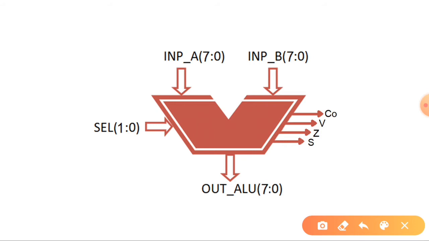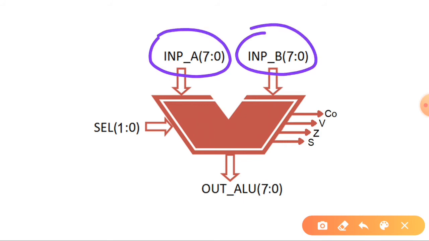As we have told already, it has two inputs, input A, input B, and as it is an 8-bit ALU, both input A and input B are of 8 bits. If we mention the size using the language VHDL, then it will be 7 down to 0 for both A and B. And similarly, the output is also of 8 bits, so this is the output of the ALU. The size is 7 down to 0.